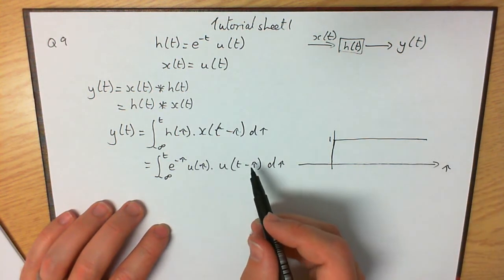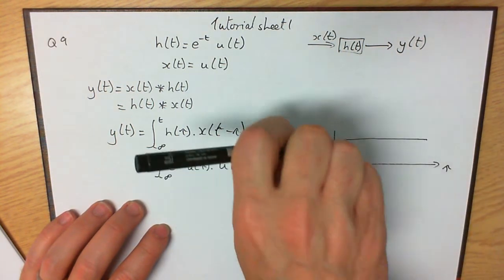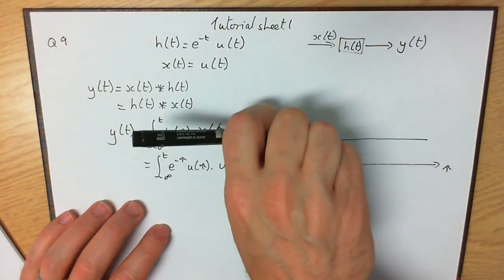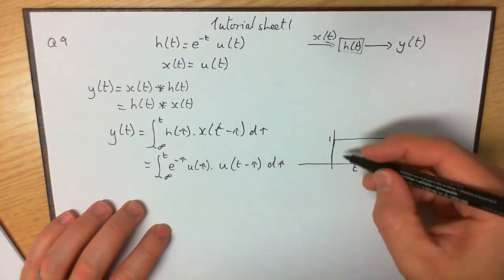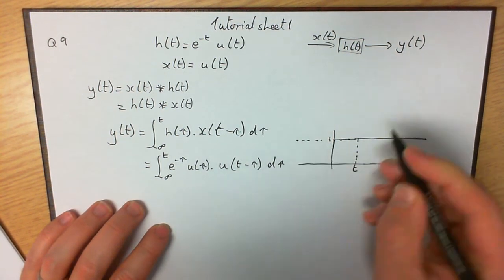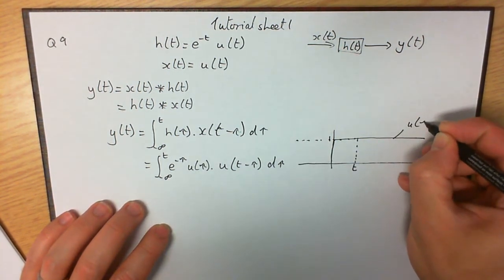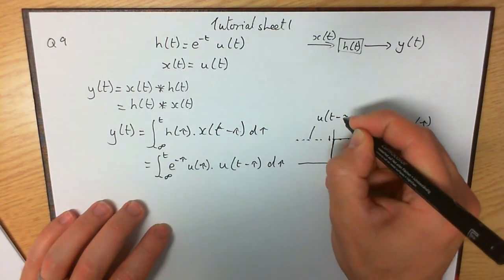U of t minus tau, well, the minus tau essentially means you have a flip, so it flips over on the y-axis. So if I have some value t, which is just a time shift, what I'm going to get here is a function that looks like that. So that is u of tau, and that one is u of t minus tau.